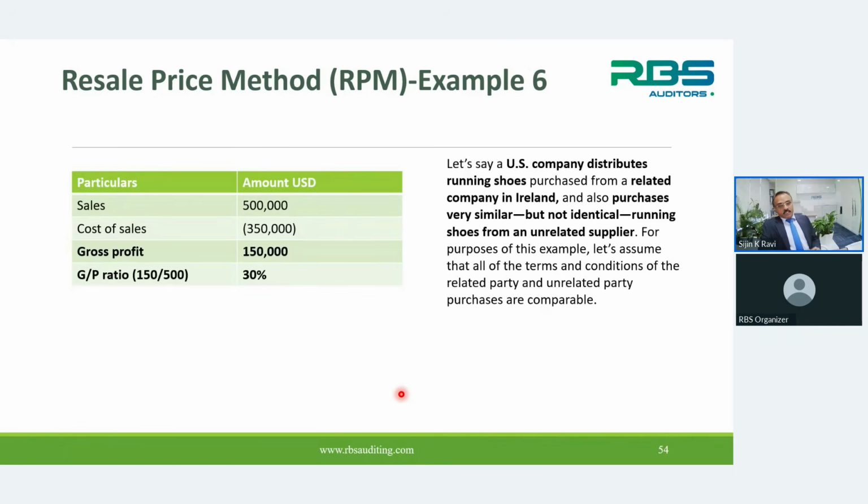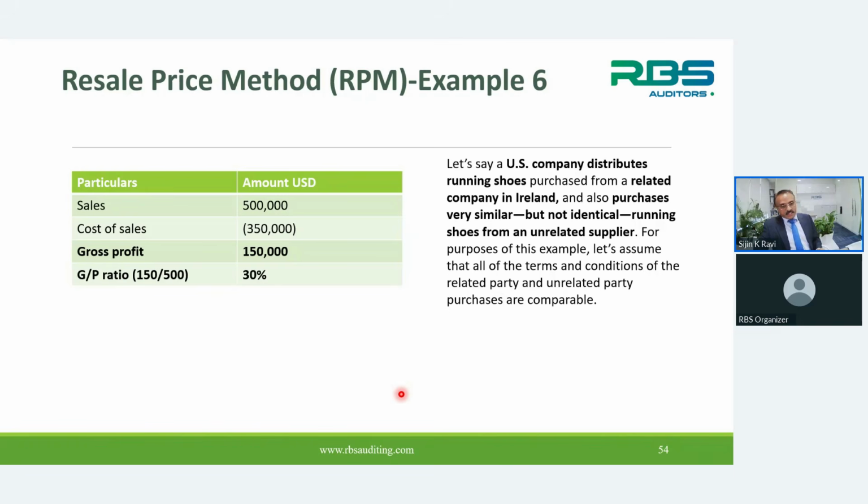Let's say a US company distributes running shoes purchased from a related company in Ireland. They are purchased from a related party in Ireland, and it also purchases very similar but not identical running shoes from an unrelated supplier. For the purpose of this, let us assume that all terms and conditions of the related party and unrelated party are comparable.